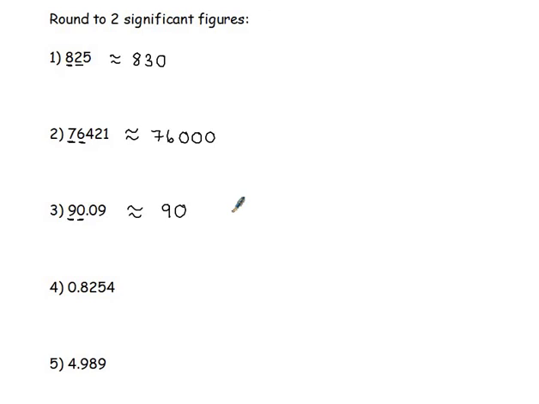Question 4, so we have 0.8254. So rounding to 2 significant figures. Remember, if a decimal starts with zeros, then they are not significant. So our first significant figure is our 8, and our second is our 2. Look into the place value after to decide whether it rounds up or if it stays the same. So we look into the column here, it's a 5.